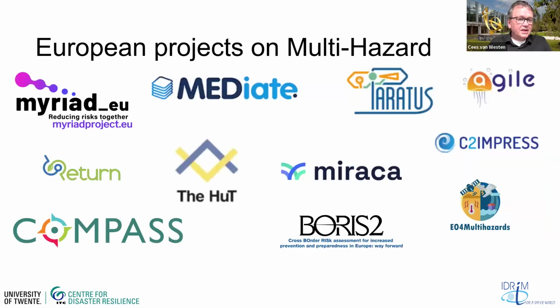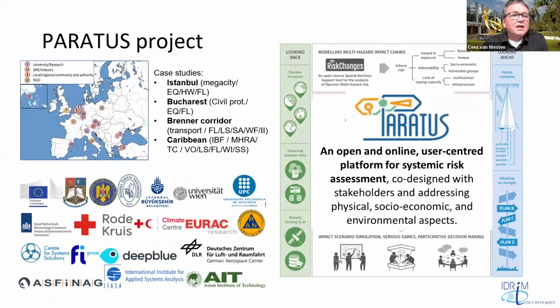in 2008. There's a lot of efforts now focusing on multi-hazards. Here, just a number of examples of current EU projects that are trying to address this, tackling multi-hazards in a changing climate. One of them is the Paratus project.